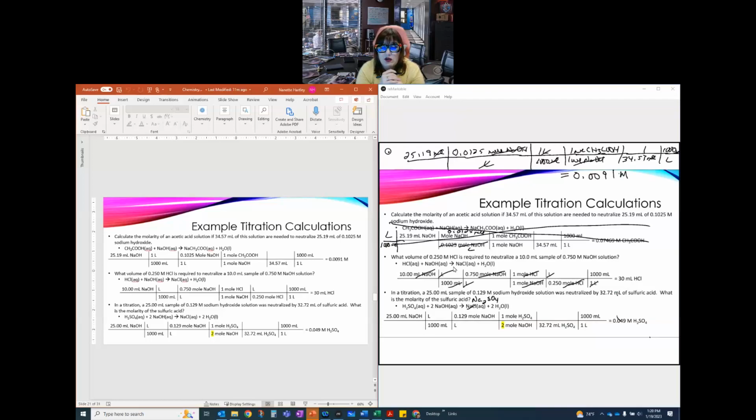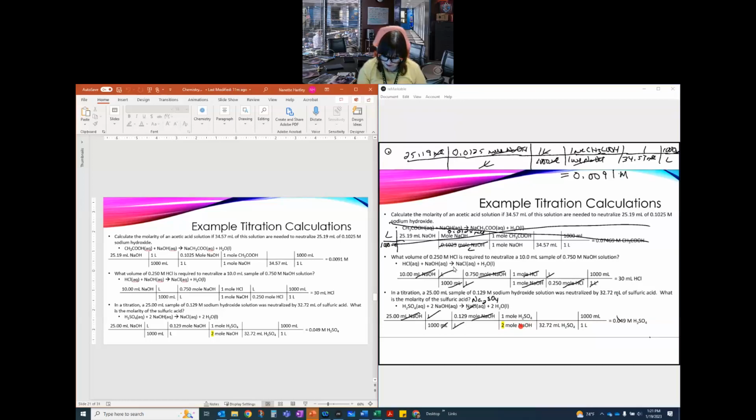So 25 milliliter sample of a 0.129 molar sodium hydroxide. I start with my 25 mLs and convert that mLs of NaOH to liters of NaOH. I then multiply by the molarity, the moles per liter of the NaOH. And that gives me moles of NaOH. Cancel the liters. There's 1 mole of H2SO4 for 2 moles of NaOH on the bottom.